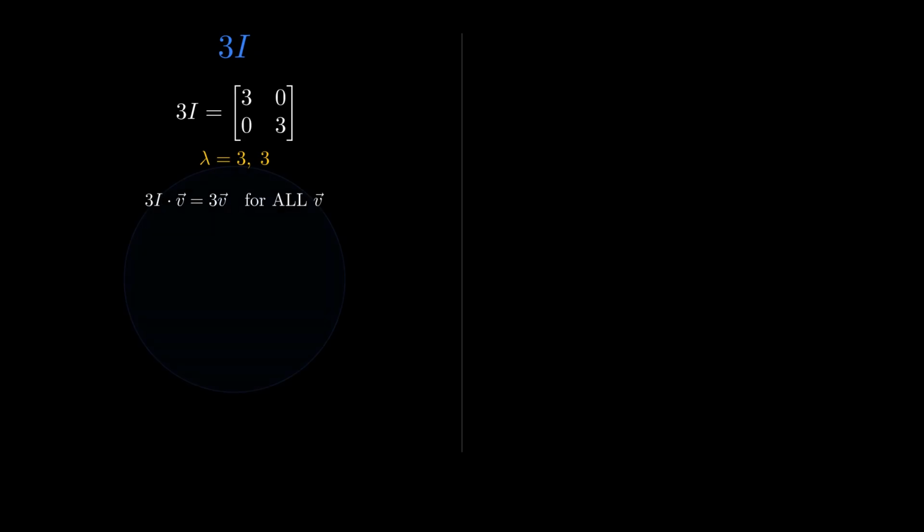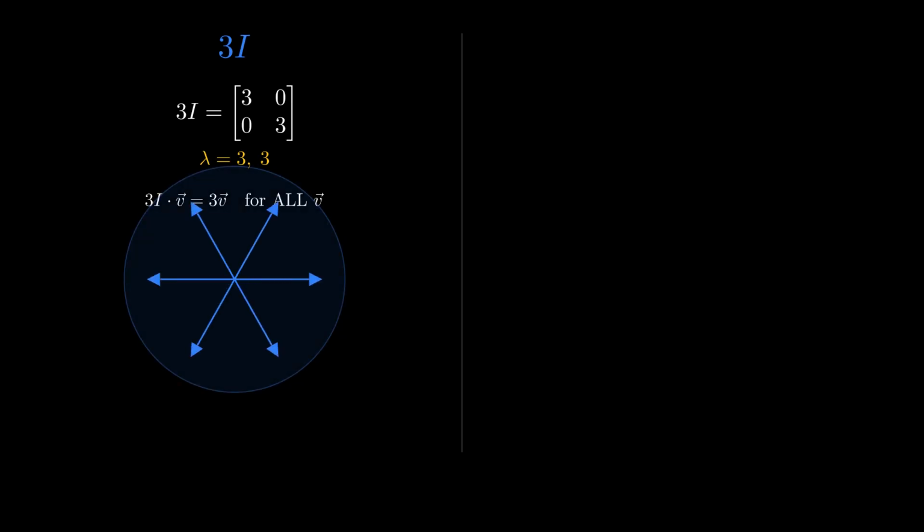Now let's compare with 3 times the identity matrix: 3, 0, 0, 3. This matrix also has eigenvalue 3 repeated twice. But 3I times any vector equals 3 times that vector. Every direction is an eigenvector direction.